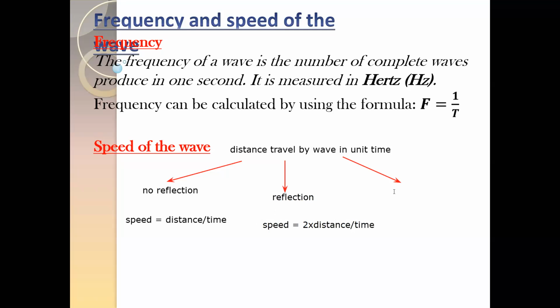And if frequency and wavelength are given, then the formula for the speed of the wave is equal to frequency multiplied by wavelength. So these are the three formulas which we will use.